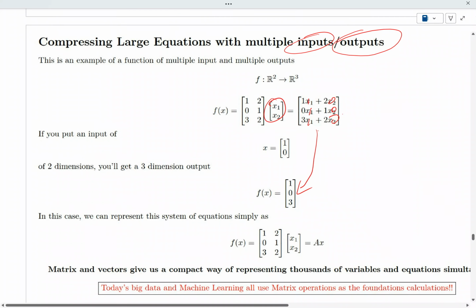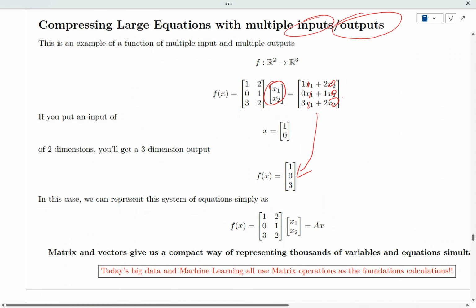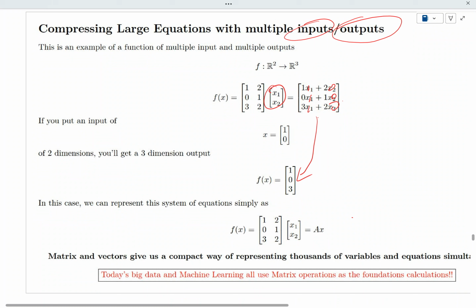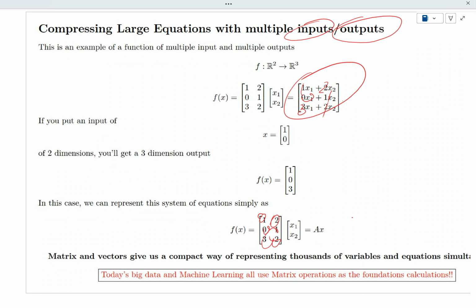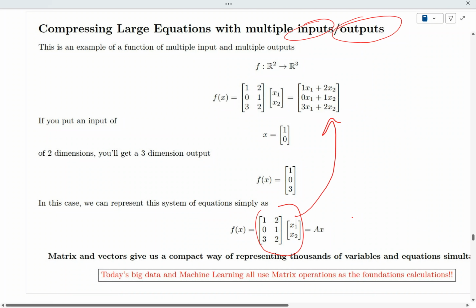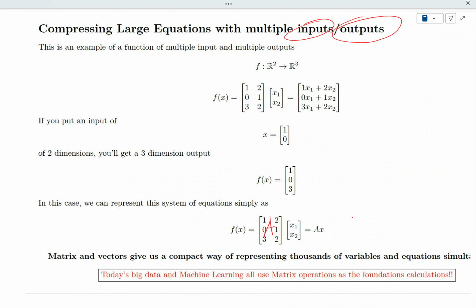And in those cases, then we also need to represent the equation. So notice how right here, this same equation could be represented this way. 1, 2, 0, 1, 3, 1. 1, 2, 0, 1, 3, 2, 3, 2. So if you take x1, x2 and multiply by it, then these and these are mathematically equivalent, implying that, well, this is a matrix, this is a vector.